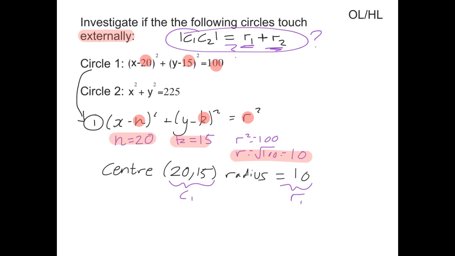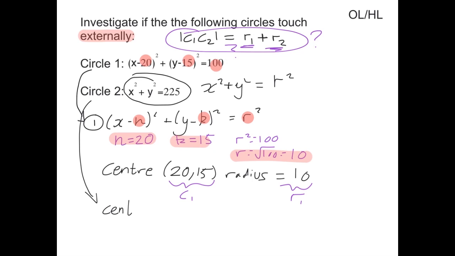Our second circle has the form x squared plus y squared is equal to 225. Remember, it looks like x squared plus y squared equals r squared. So in this case, when it is of that form, our centre is always (0, 0), and our radius is going to be equal to the square root of 225.